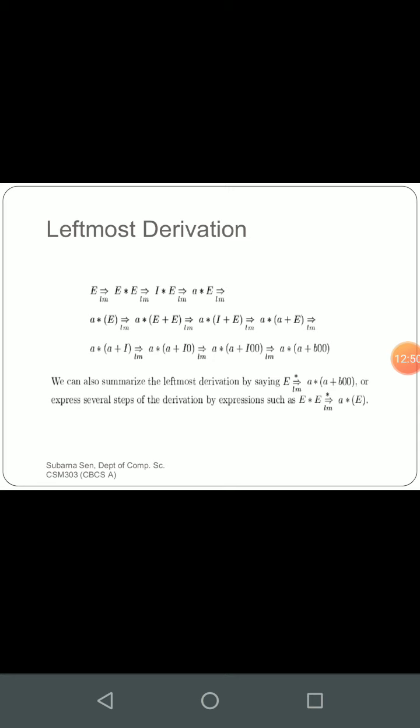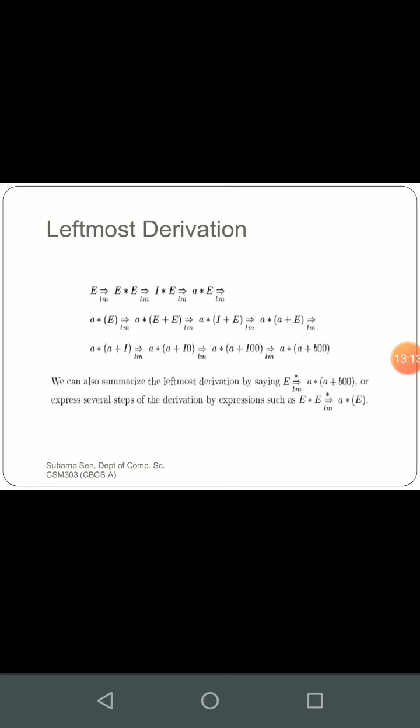Now we will see two kinds of derivation. One is leftmost derivation, the other is rightmost derivation. See, here we are writing lm, which means leftmost derivation. If you look at the procedure of derivation, you will always see that the replacement is being carried out with the leftmost variable, not with the rightmost variable.